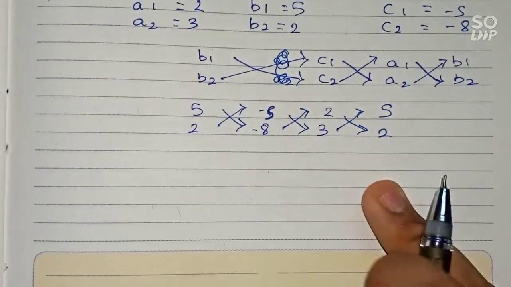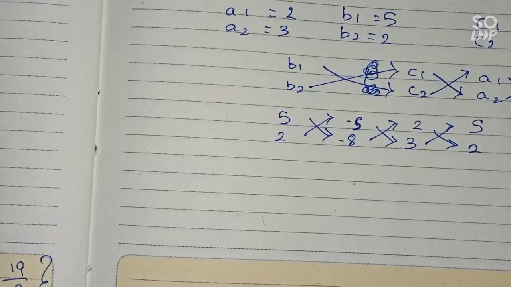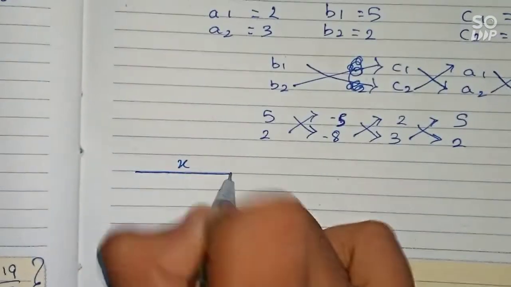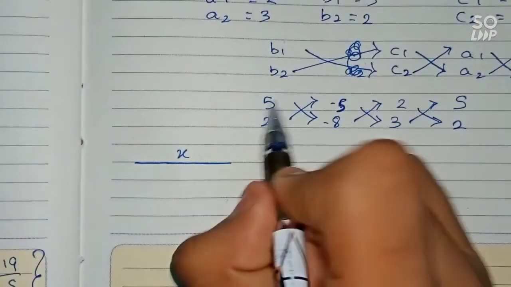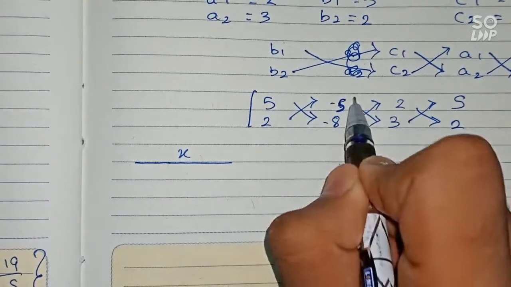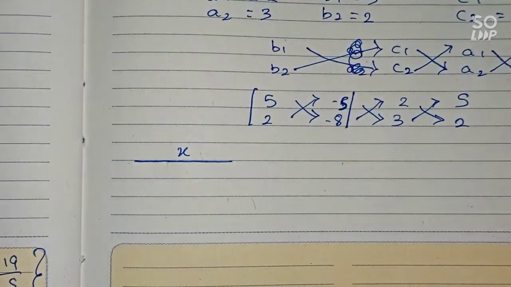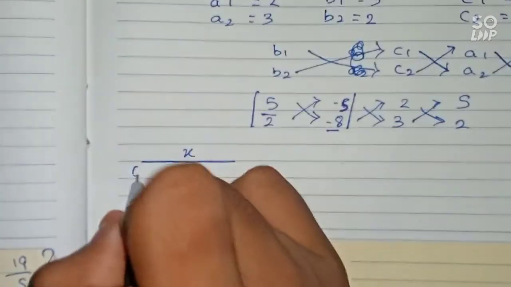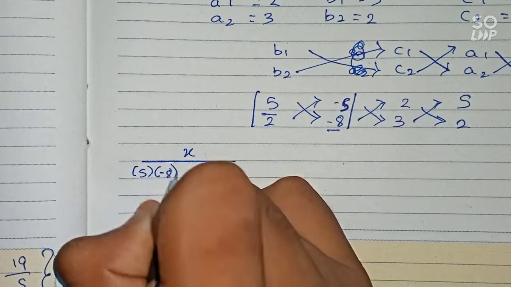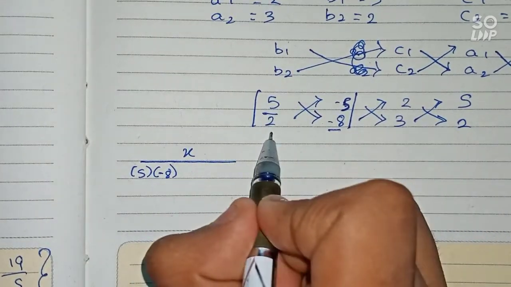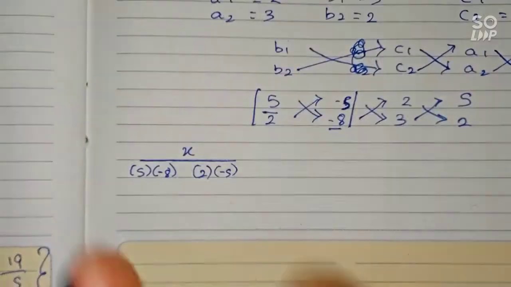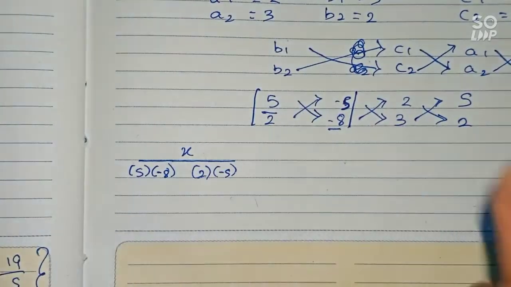So now after multiplying, you have to do like this. First you will write x. Now x by, you have to write. So now only this much you have to take. First 5 will be multiplied by minus 8, then 2 multiplied by minus 5, and in between these two multiplications you have to give the minus sign, like this.